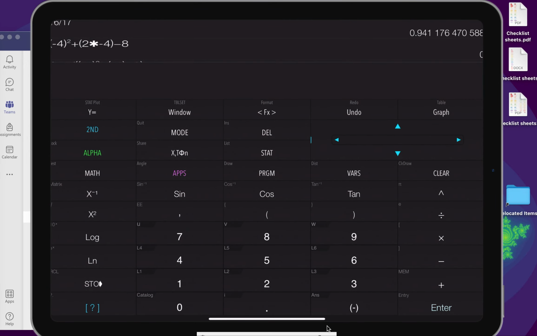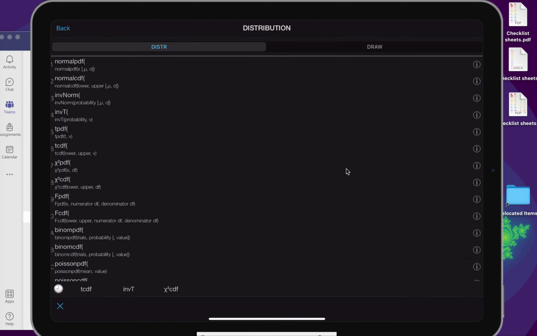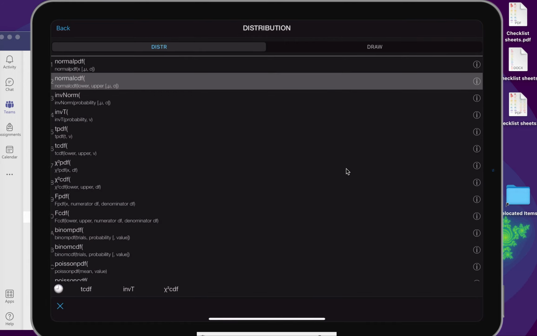So if I press second, where it says distribution, here, the vars button, I want that distribution. I'm going to press distribution, and I want number 2, the normal CDF. We never use the normal PDF. You don't need to know what the normal PDF does. It's always going to be normal CDF.